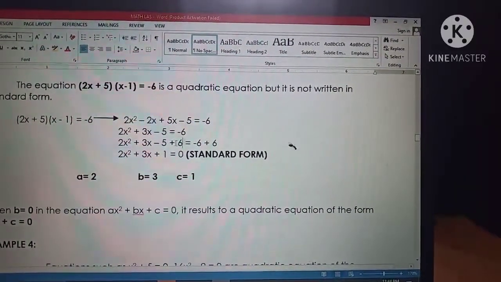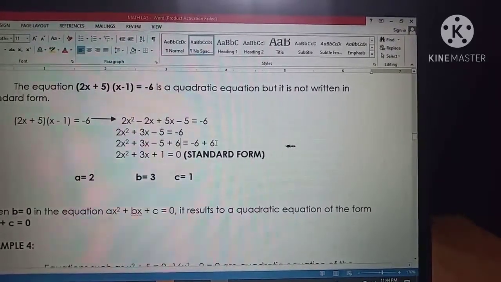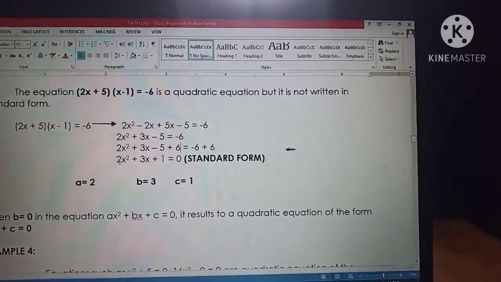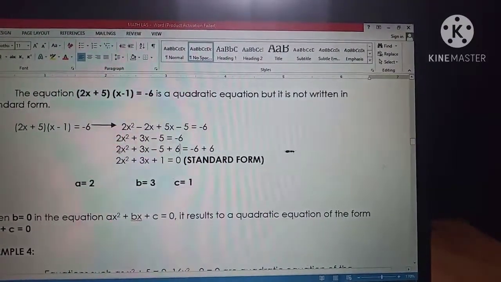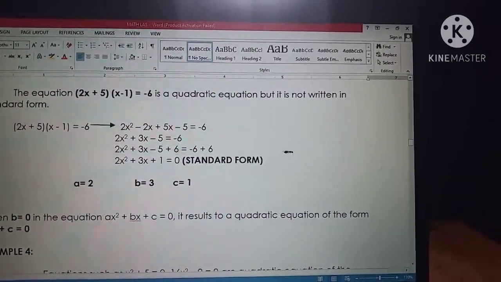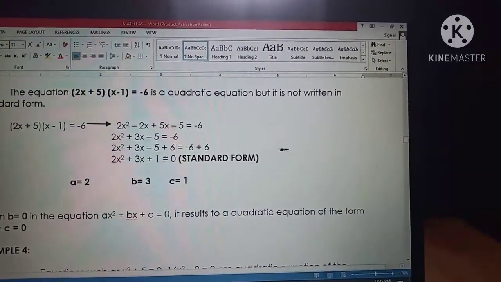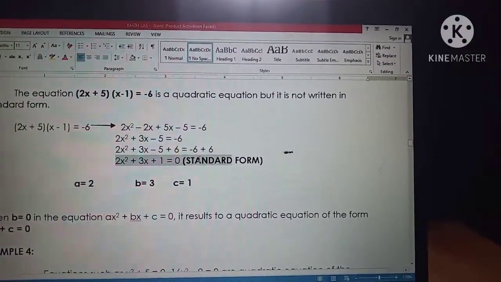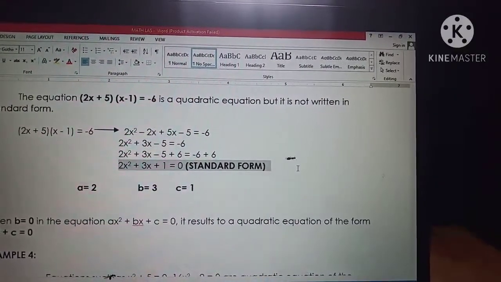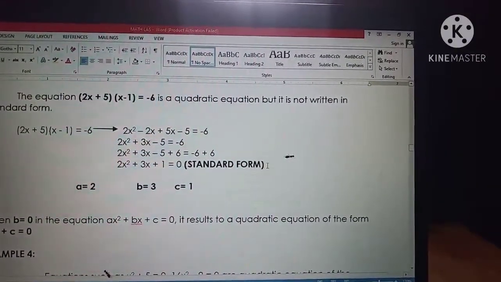Since naglagay tayo sa left side ng positive 6, maglalagay din tayo sa right side ng positive 6. So, copy, combine like terms, 2x squared plus 3x, negative 5 plus 6, we have positive 1. Negative 6 plus 6, we have 0. So, meron na tayong 2x squared plus 3x plus 1 is equals to 0. So, this equation is now written in standard form.